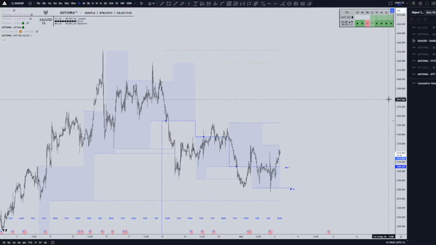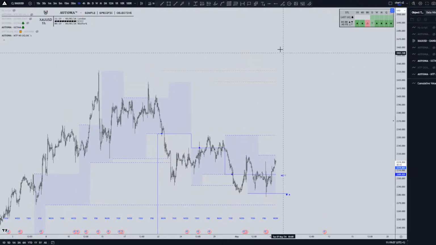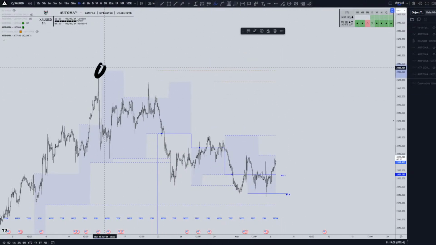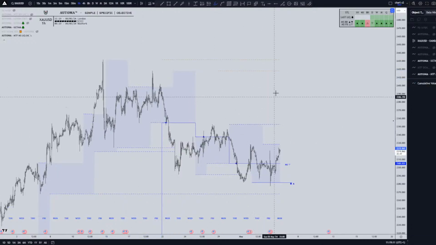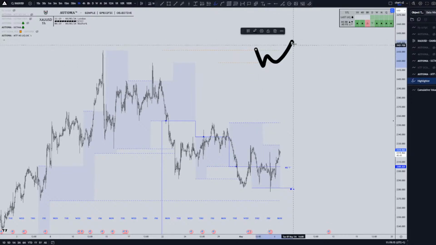We can see now these two liquidity levels are not daily anymore. They are coming from weekly's market structure points. So these are a nice cluster to target for weekly's liquidity.